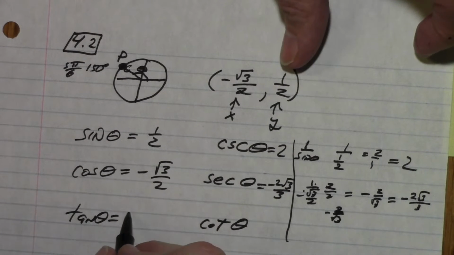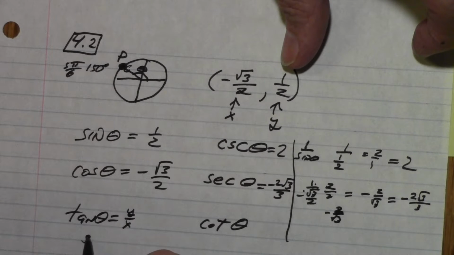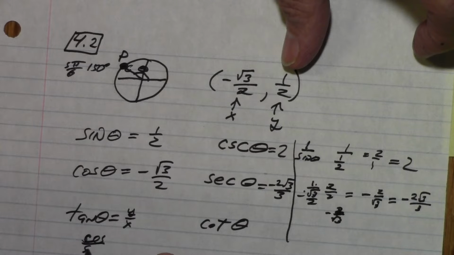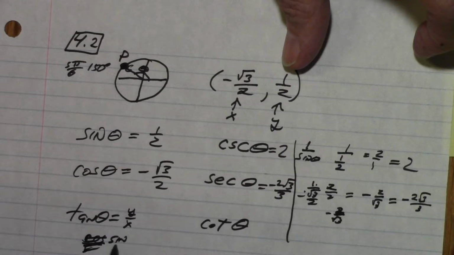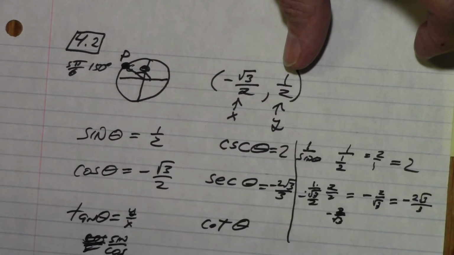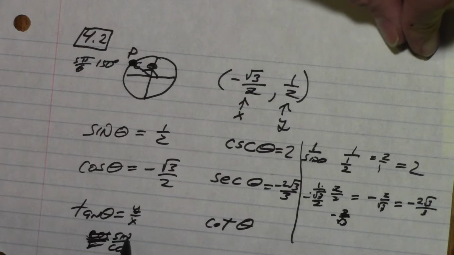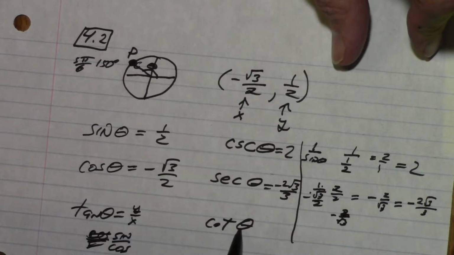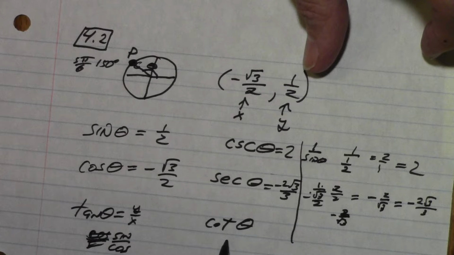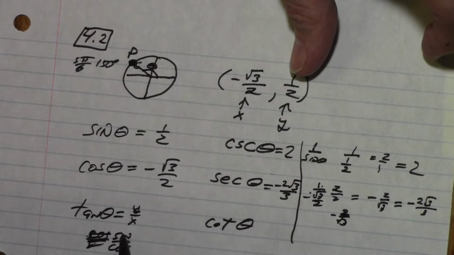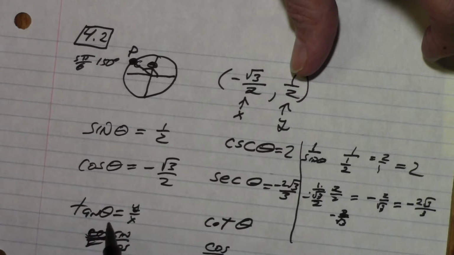Down here, the tangent is the same as y over x, which means it's sine over cosine. This is called one of the quotient properties, and then you do the same thing with cotangent. Cotangent, though, instead of being sine over cosine, is cosine over sine, again like the reciprocal of this one.